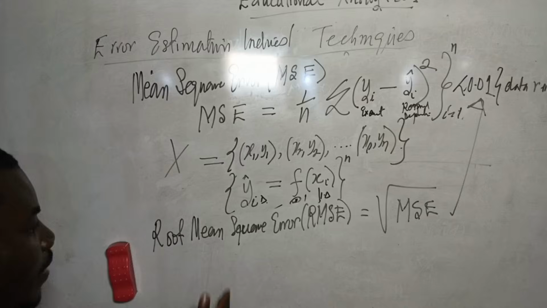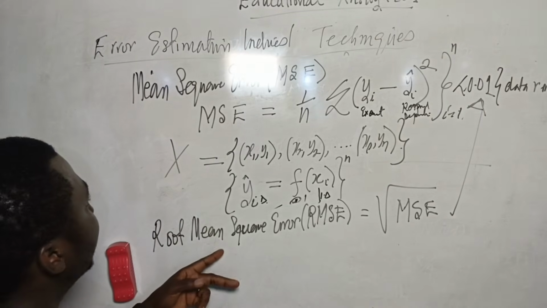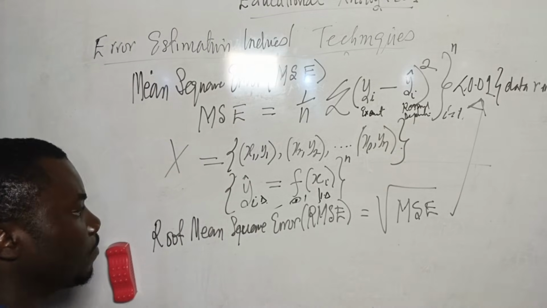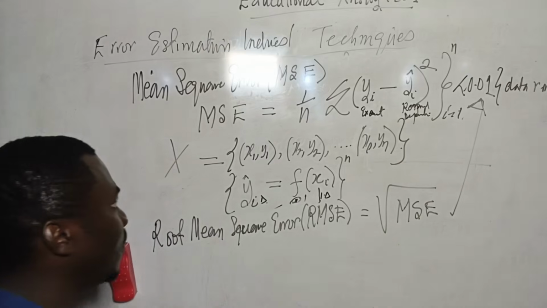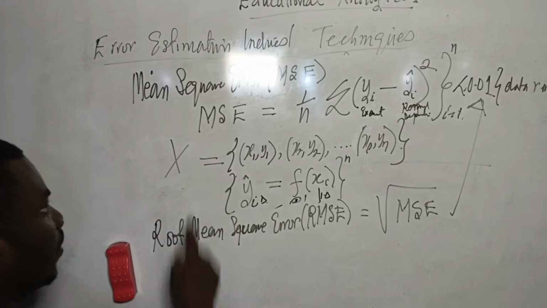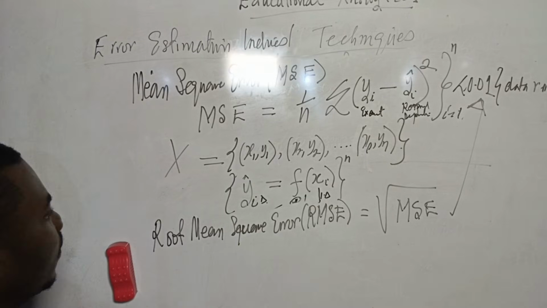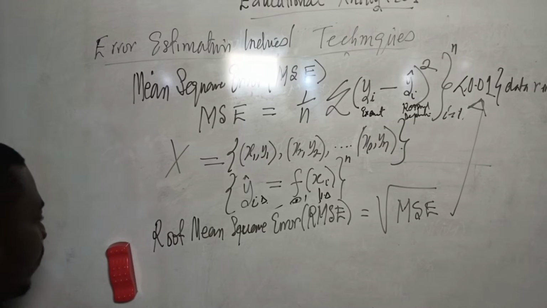I think this one is a better correction factor, or a better estimator than this, in the sense that it can reduce the possible effect of the outliers, because it now takes the square roots of this other estimation. Now, the next one that we should consider is the mean absolute error.